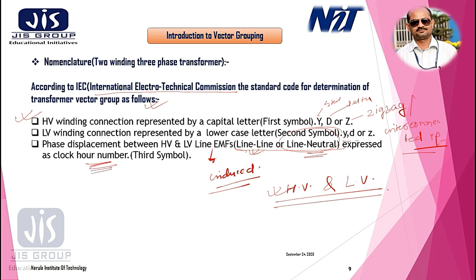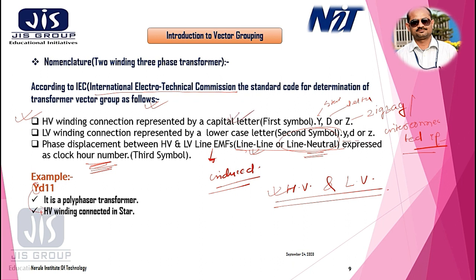We will define the clock method. Now suppose it is a YD transformer. First, that means it is a polyphase transformer. Second, the capital letter, the first symbol, as I have discussed, is the HV winding.